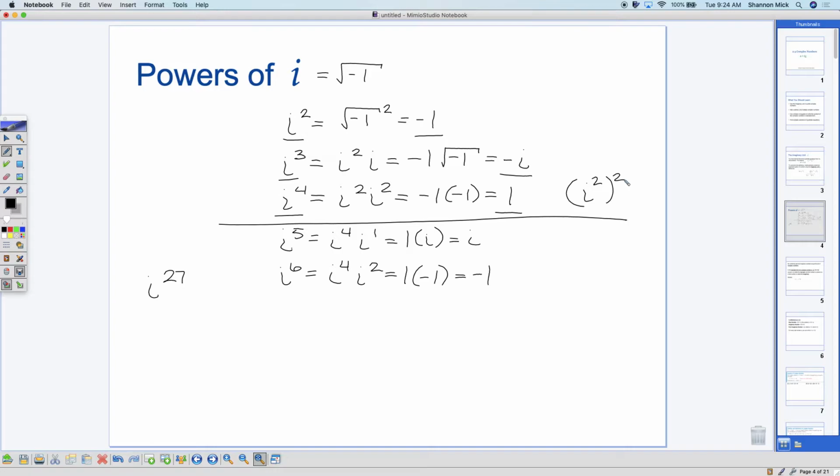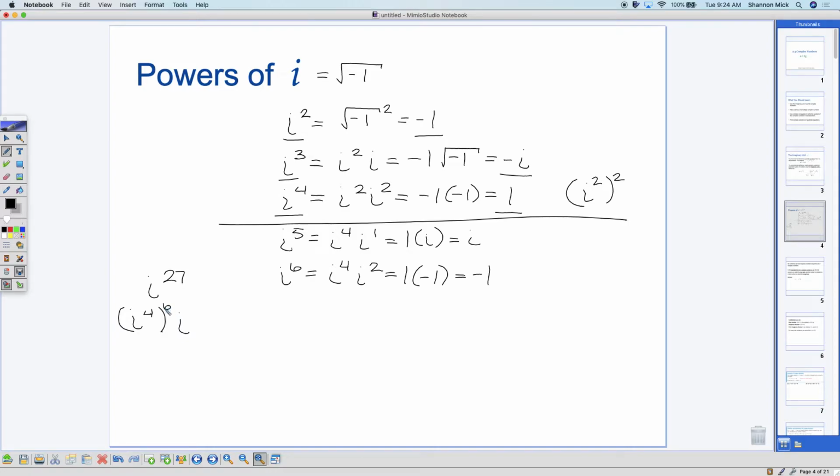So what we're going to do is take this 27 and divide it by 4. Why do we like the power of 4? Because it's 1. So 27 is i to the 4th times i to some power we don't know. 4 goes into 27 how many times? 6 times.